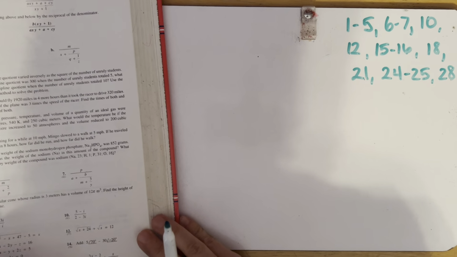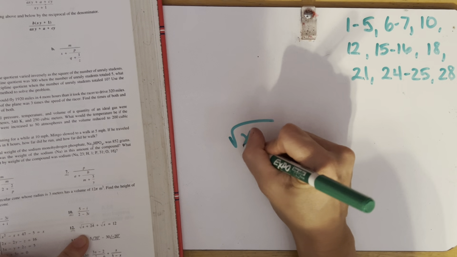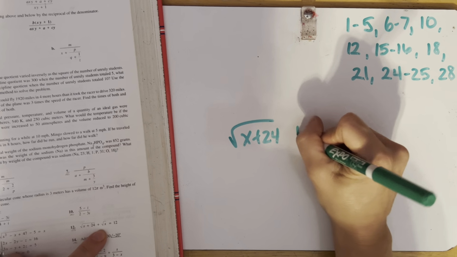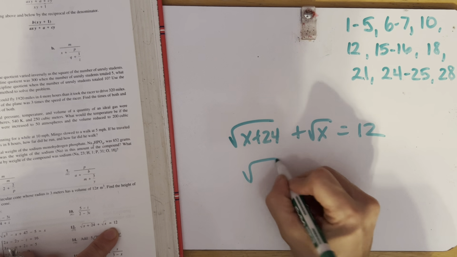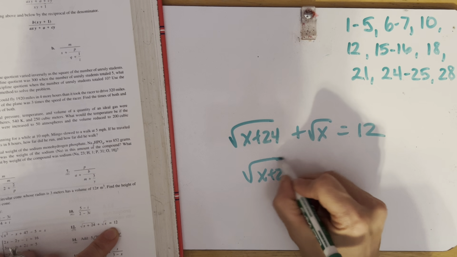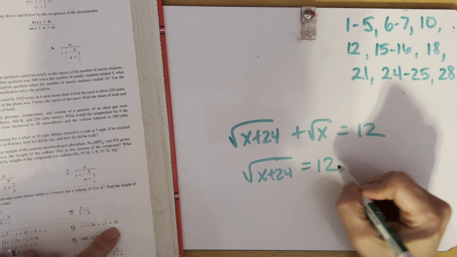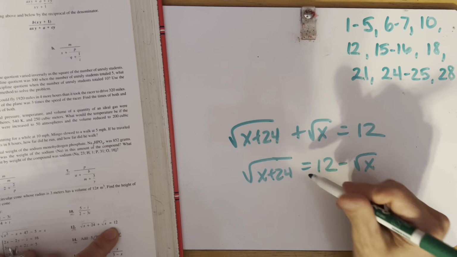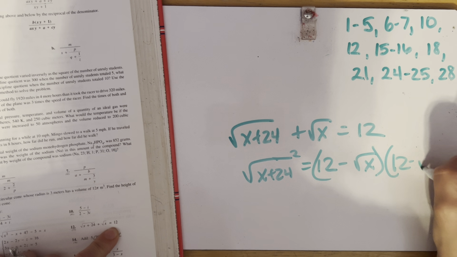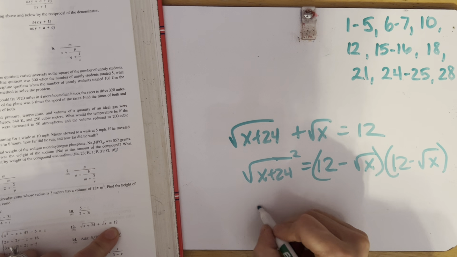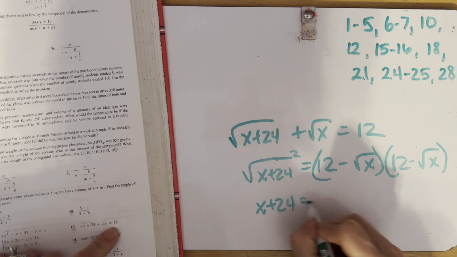All right, number 12. Square root of x plus 24 plus the square root of x equals 12. I want x plus 24 by itself, so 12 minus the square root of x, square both sides. I have x plus 24, and now I'm going to FOIL.